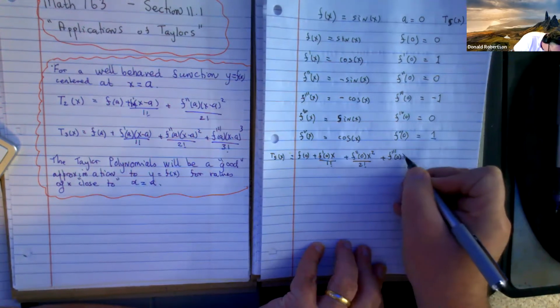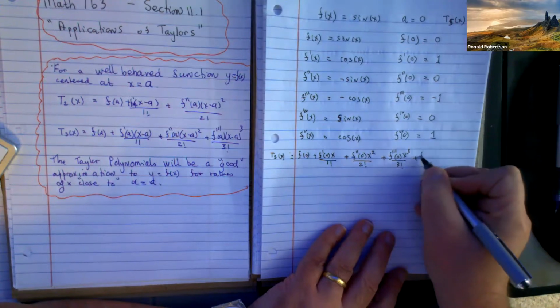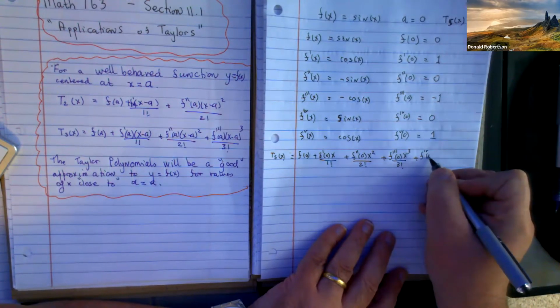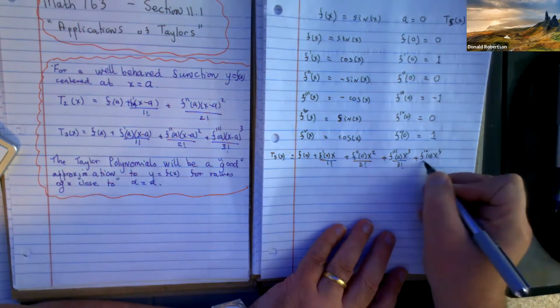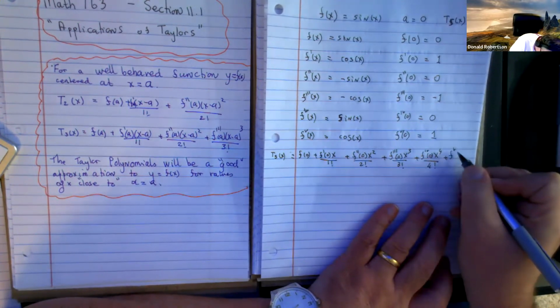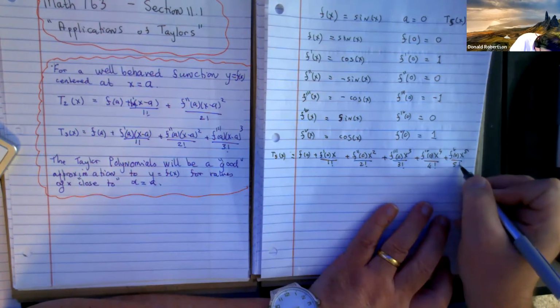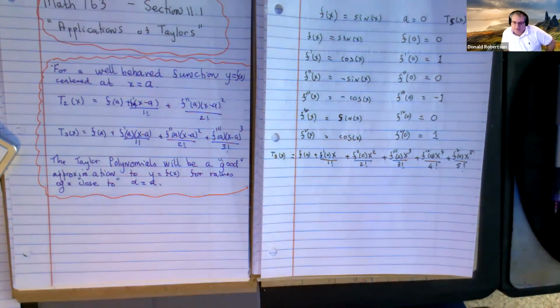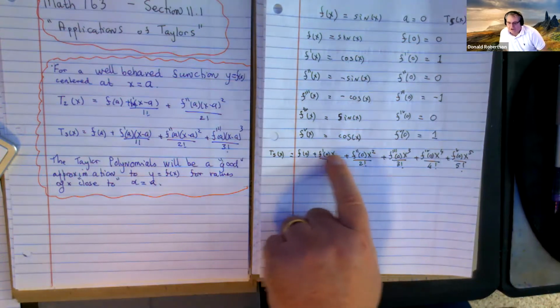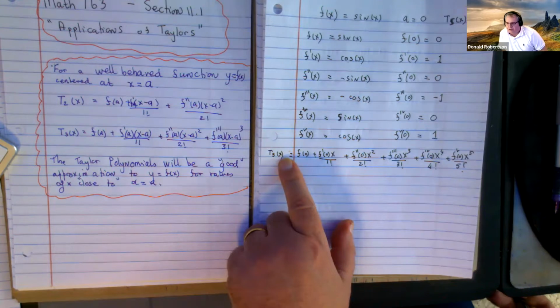Third derivative at 0, x cubed over 3 factorial. Fourth derivative at 0, x to the 4 over 4 factorial. And finish on fifth derivative at 0, x to the 5 over 5 factorial. And this one is actually a Maclaurin series, but Maclaurin series are really just Taylor series centered at 0. So we still call this guy T5.